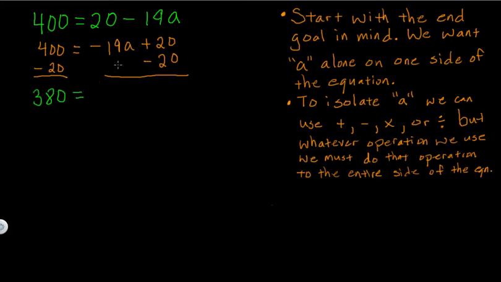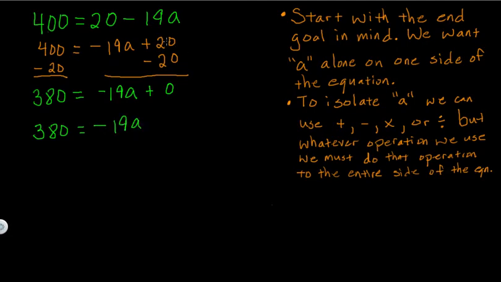And that is equal to, so negative 19A just comes down. So this is minus 19A. And then plus 20 minus 20 is 0. So this is like saying plus 0. But of course, we know the plus 0 is nothing. So this is 380 is equal to negative 19A.